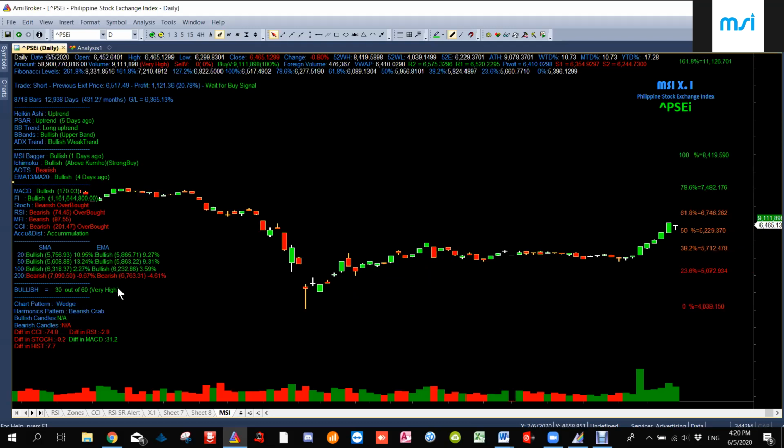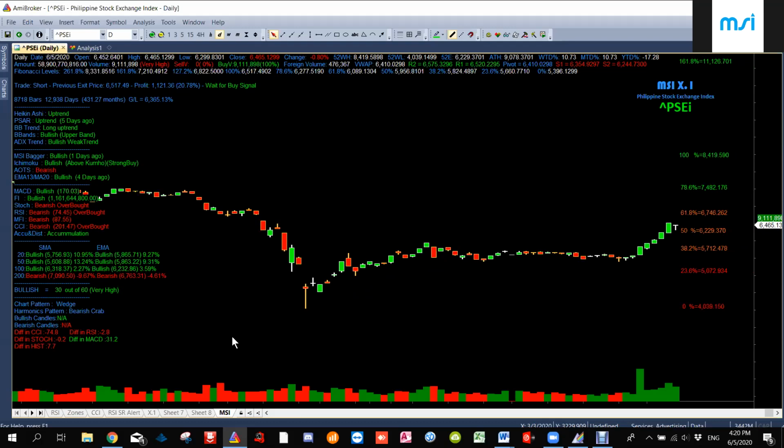And then we have the bullish counter here. These are actually a total of, it's actually more than 60 indicators already. A total of 60 indicators that are counted or verified by the system automatically for you to give you an analysis kung ano ba yung mas marami.